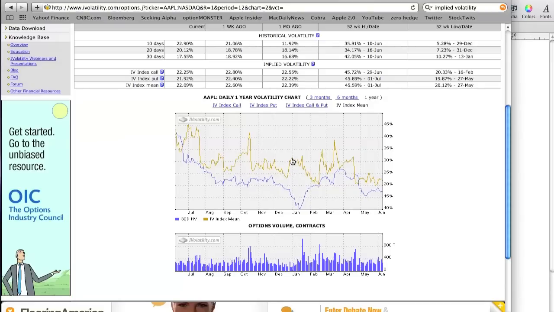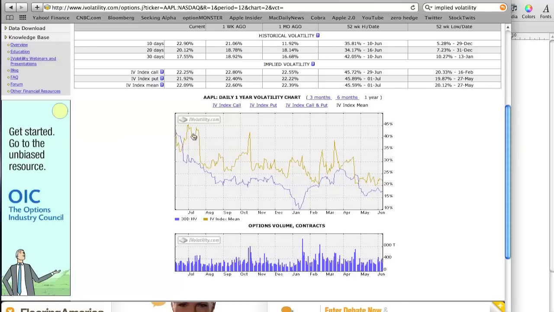So again, people sold options with the premium saying, oh man, Apple is going to move at this 30% level. Again, it's not saying Apple's going to move 30%, but we'll say at this level. And then what happened? It didn't move at all, the volatility collapsed. So you sold it here, and it went to nothing. So you could have bought it back down here.